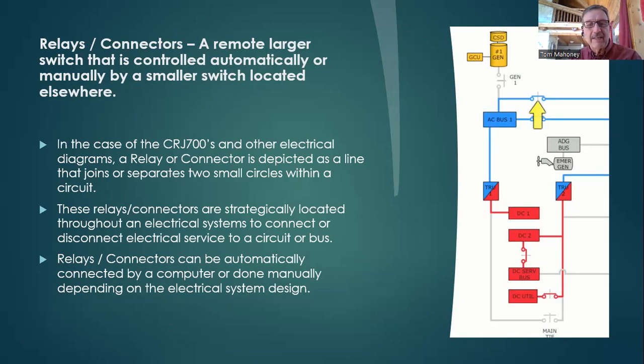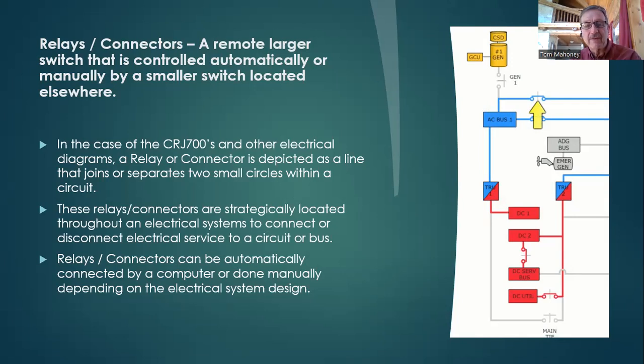In the case of the CRJ 700 and other electrical diagrams, a relay or connector is depicted as a line that joins two separate small circles within a circuit. These relays or connectors are strategically located throughout the electrical system to connect or disconnect electrical service to a circuit or a bus.